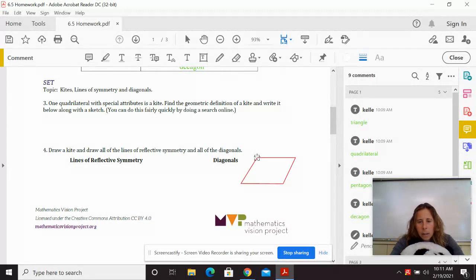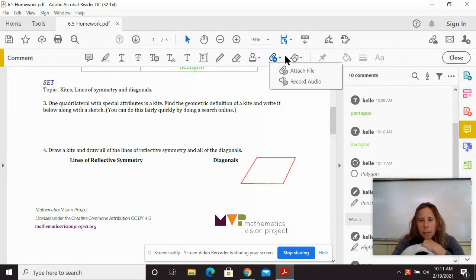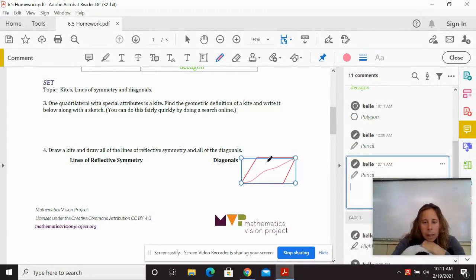So diagonals just are lines that connect the opposite vertices. So vertex to vertex. I don't know if I can put a line in here. Maybe I can draw it in. Sorry. Pretend it's a straight line. So your diagonals, they just connect your opposite vertex. So you would do this with a kite, all right?